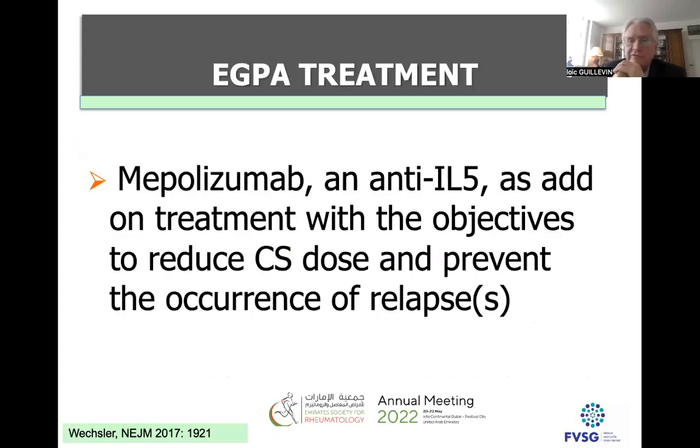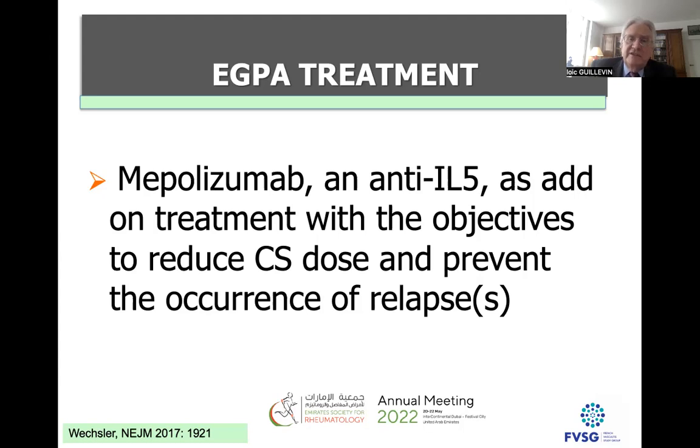Now I would like to move to the EGPA treatment. Mepolizumab is one of the new drugs. We have not the same advance in the knowledge on mepolizumab. Mepolizumab is a drug which is very effective on eosinophils and very effective on asthma.